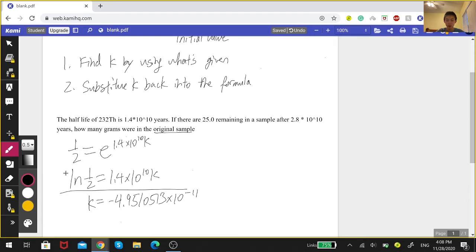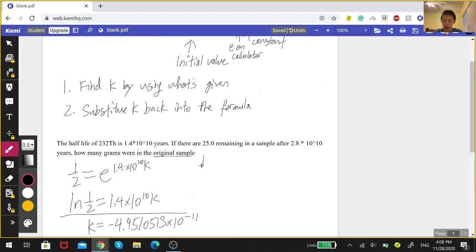So now that we found k, we're going to replace k in the original sample. So 1/2 of x is equal to x times e to the 1.4 times 10 to the 10th power times negative 4.95 times 10 to the negative 11th power. Now we're going to use the second part of what we're given and replace k in the formula as well.